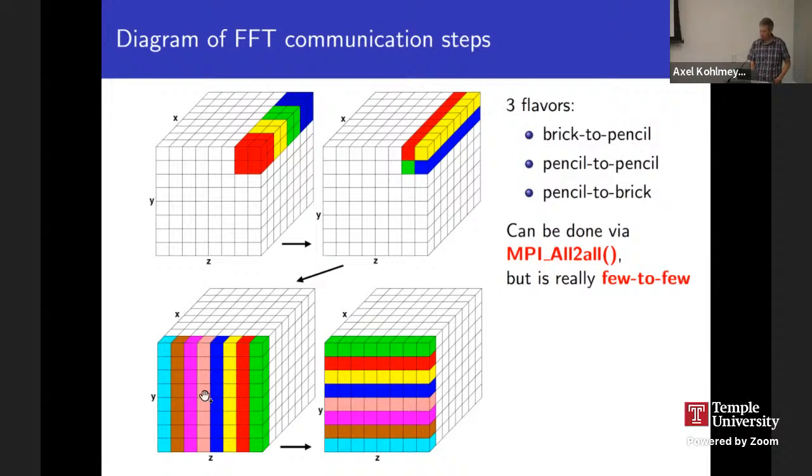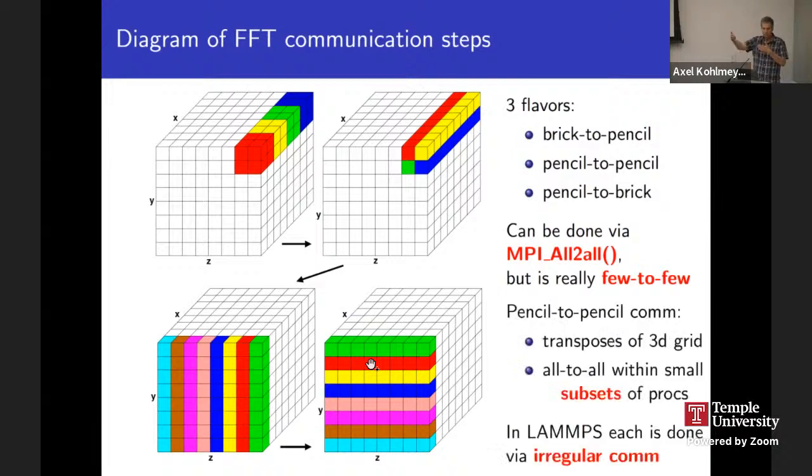Those 8 processors don't need to talk to all the other 64 processors. They only need to exchange information within their little cluster of 8 processors. So those 8 processors do all-to-all, but another set of 8 processors does all-to-all within that cluster, et cetera, et cetera. So you can think of it as all-to-all, but within small subsets of processors.